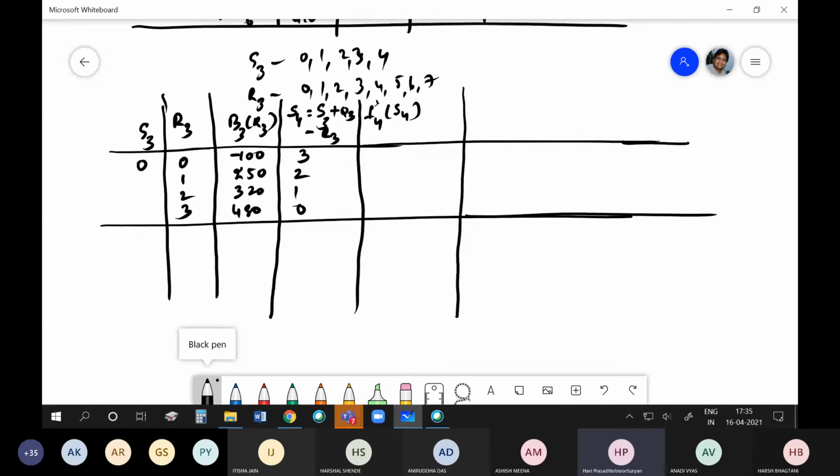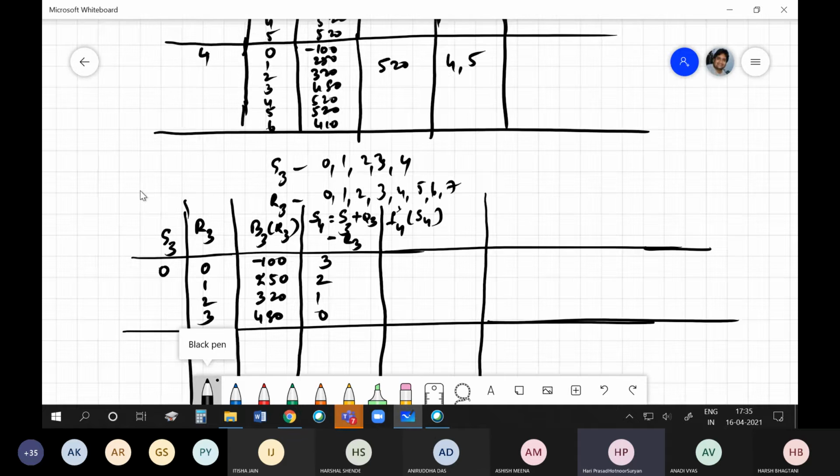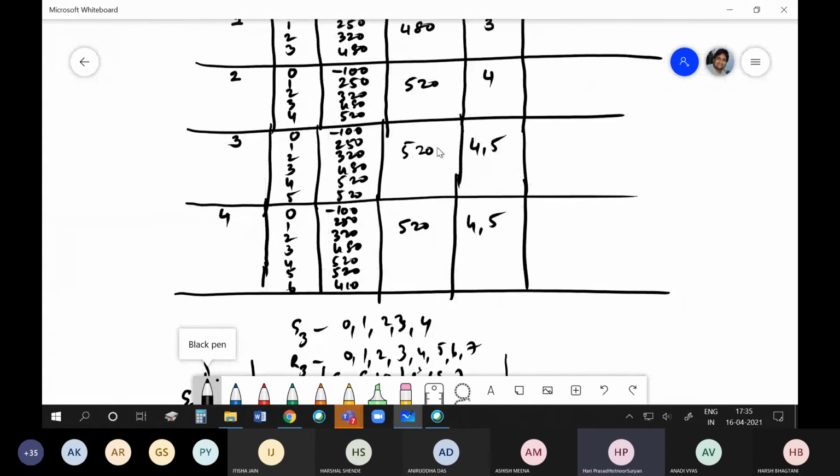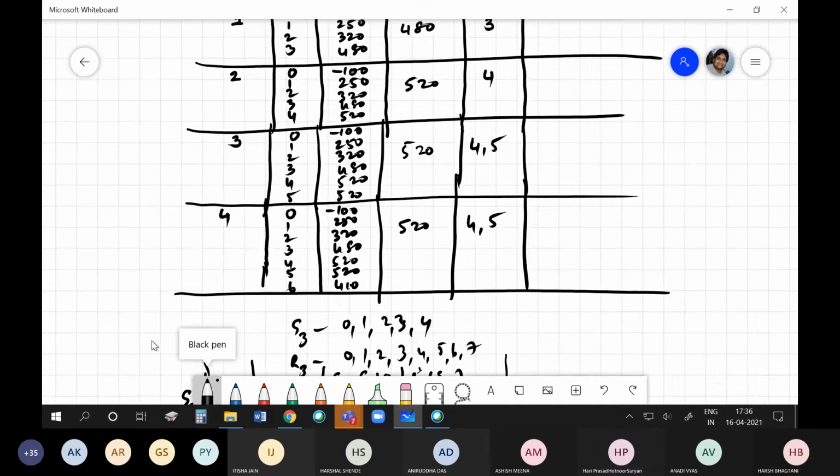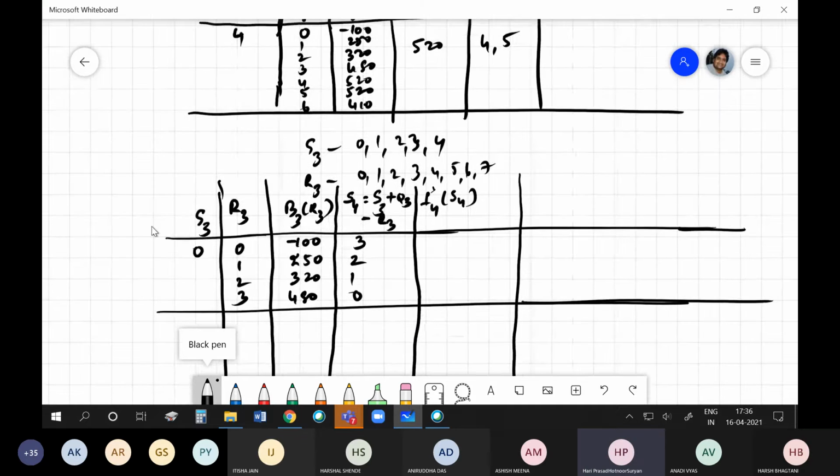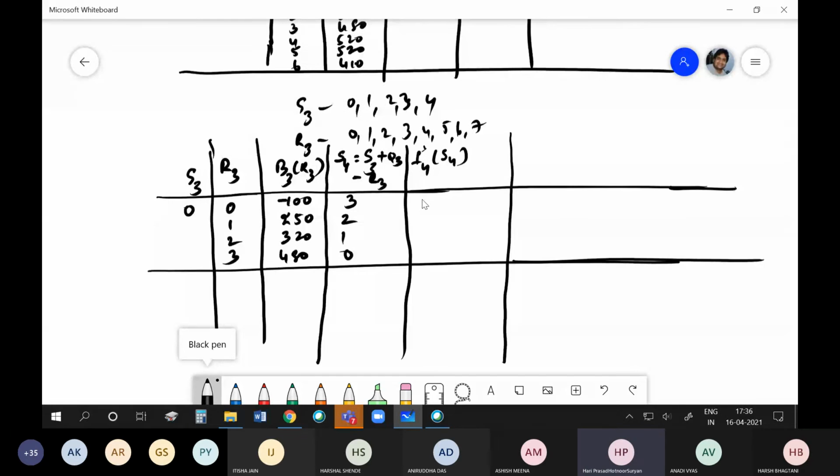So you have to go to the previous table. Okay. For 3, it is 520, isn't it? So you have to add this here. Here you can write 520. Okay.